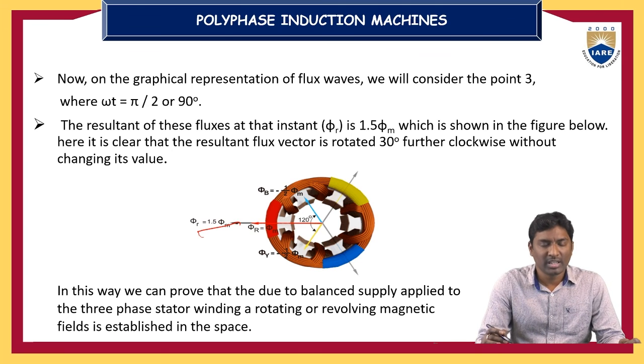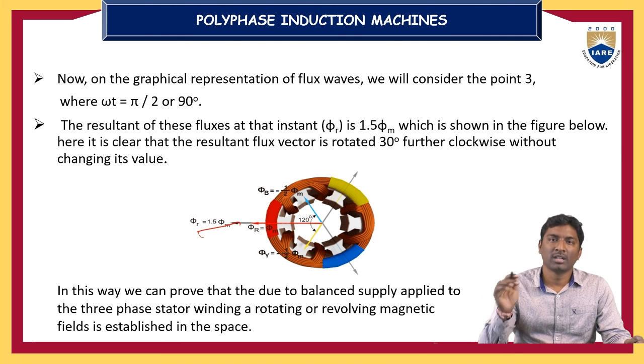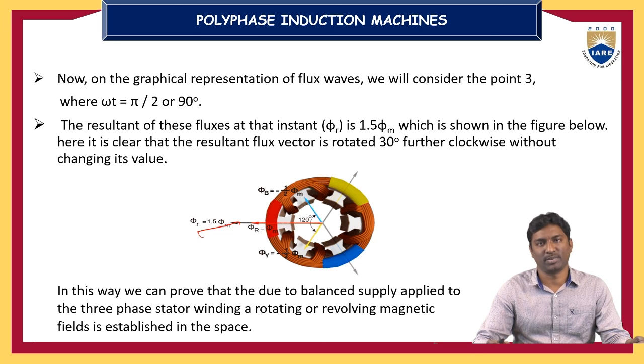In this way we can prove that due to the balanced supply applied to the 3-phase stator winding, a rotating or revolving magnetic field is established in the stator space or rotor space.